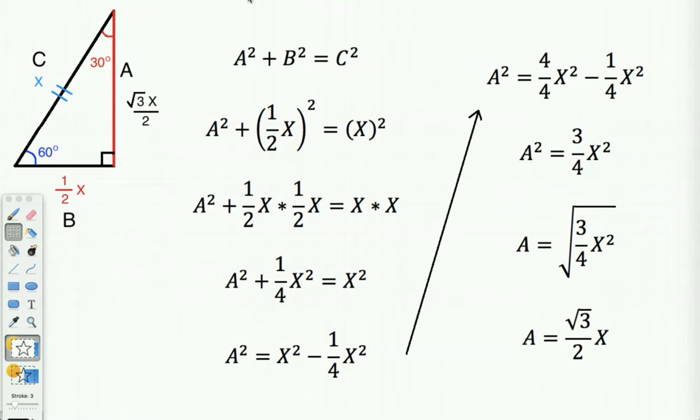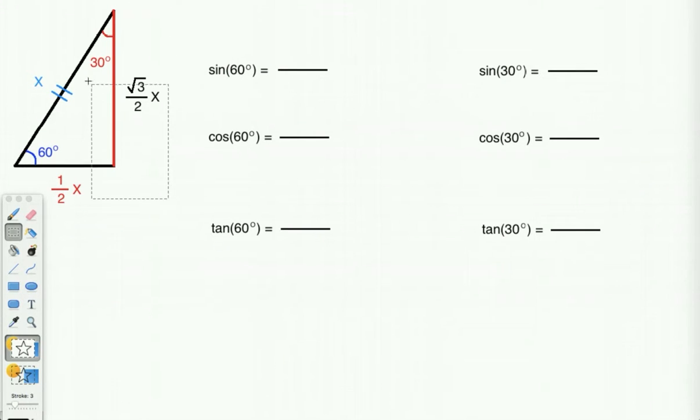Okay, so let's continue. Now let's use this triangle right here to find sine, cosine, and tangent of 60 degrees and 30 degrees. So here's that same triangle from the previous slide, and I'm going to use that to find sine, cosine, tangent for 60 degrees, and sine, cosine, tangent for 30 degrees.